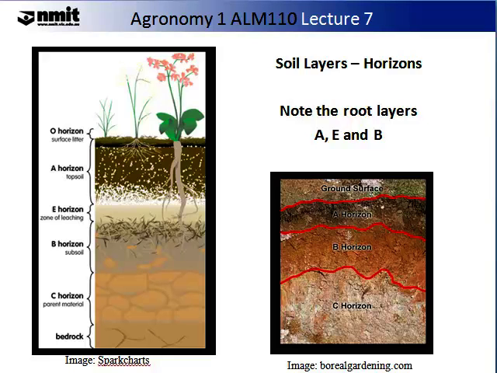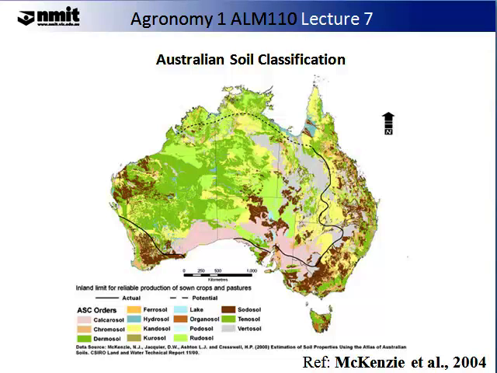This is unless the soil has moved. You will note that roots typically are found on the sublayers sometimes, but mostly going from the topsoil through to the subsoil, that is layers A, E and B.